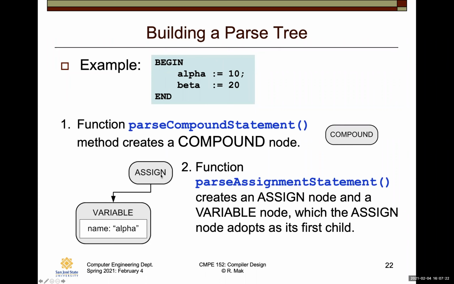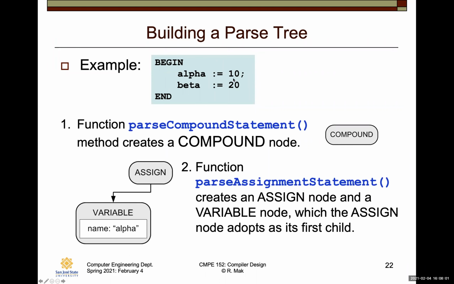Oh, I should have pointed out that terminology that often is used is adopt. So instead of saying that the assign node creates a child node called the variable, the terminology says the assign node adopts a variable node. That just means that it's making the variable node a child. So parse assignment statement first creates the assignment node and then adopts a variable node to represent the left-hand side, which in this case is alpha.